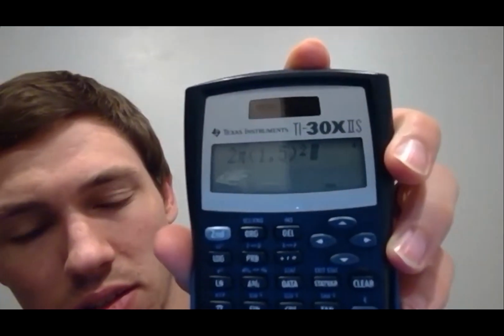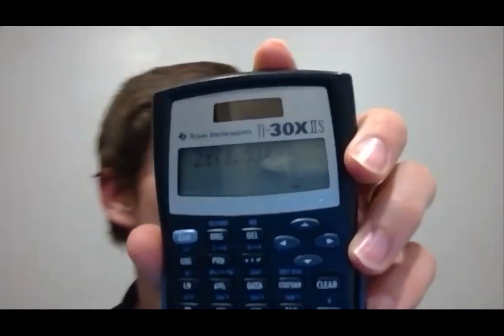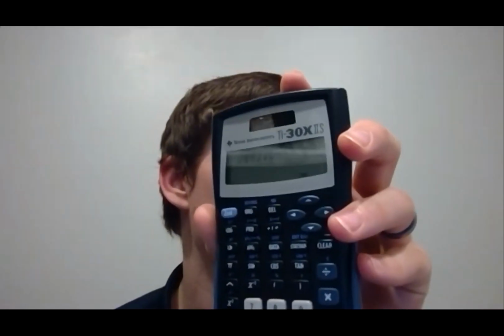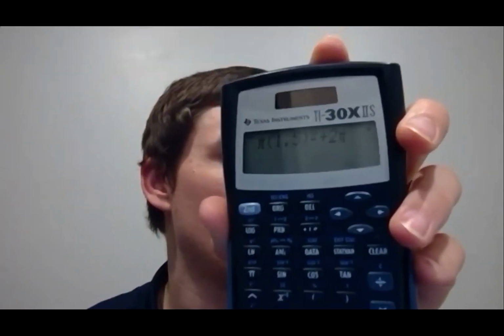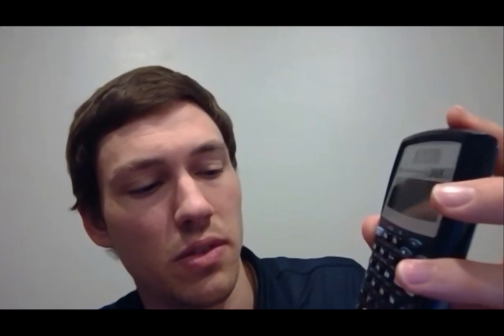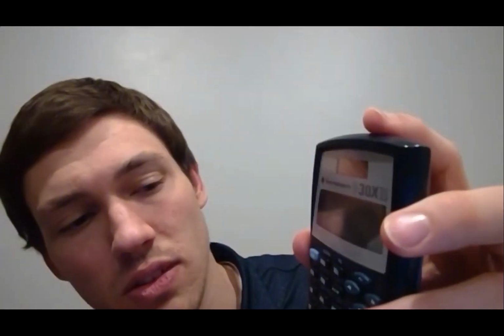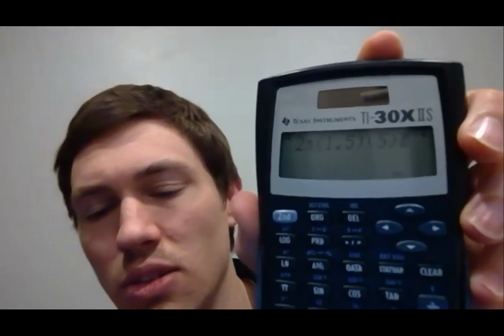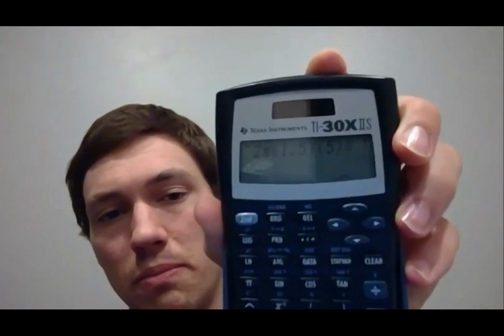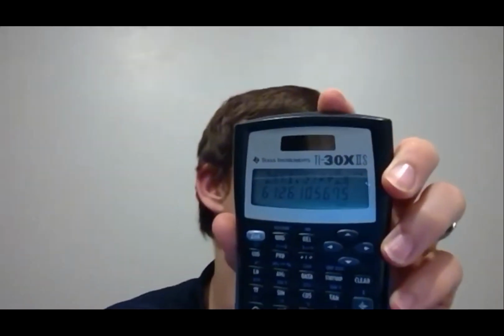So it looks like this, 2 pi 1.5 squared plus 2 pi, 1.5 in parentheses and 5 in parentheses. Remember, whenever you're plugging stuff in, it's always a good idea to use parentheses around what you're plugging in.